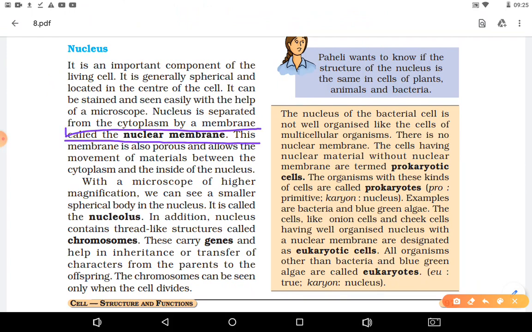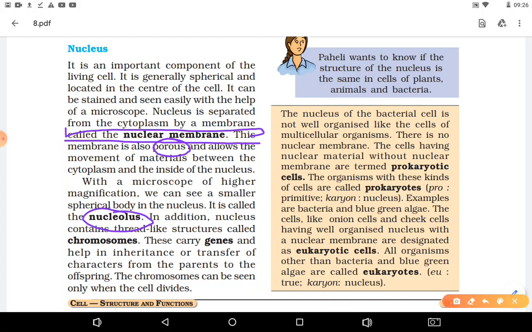nuclear membrane. Okay, and that membrane is porous, means it allows the movement of the material between the cytoplasm and inside the nucleus. Then inside the nucleus a very small spherical body is present, that is known as the nucleolus. We have discussed about the nucleolus.